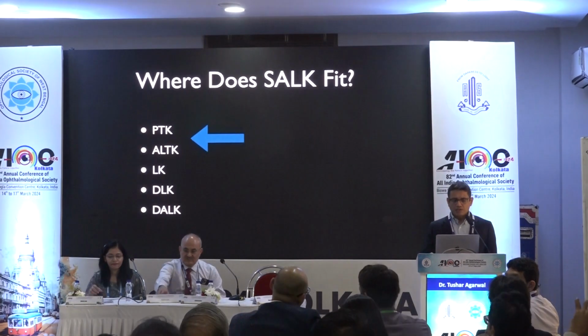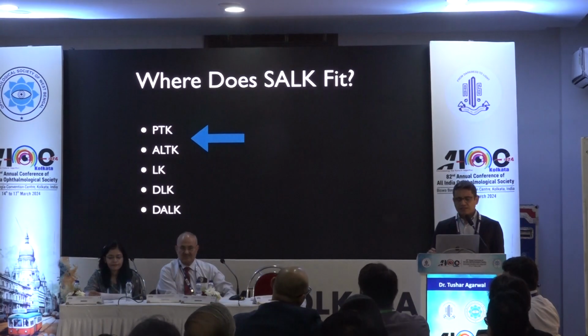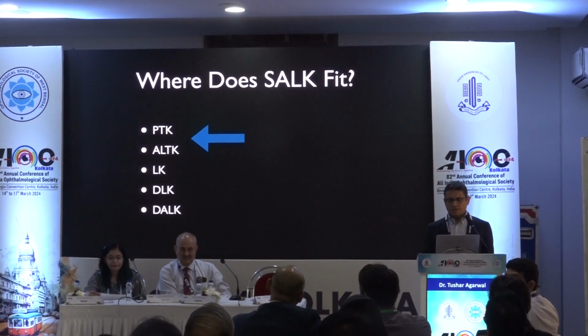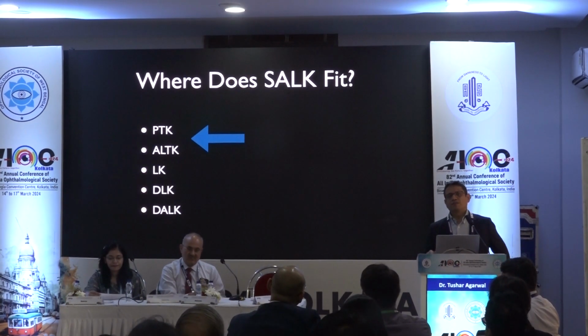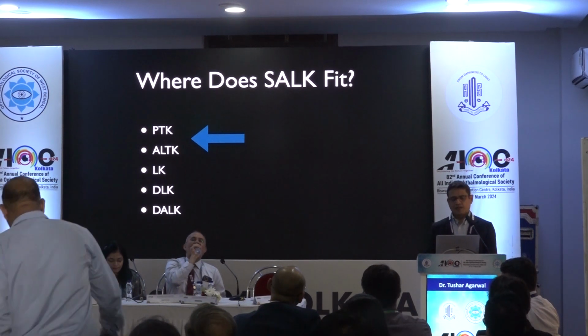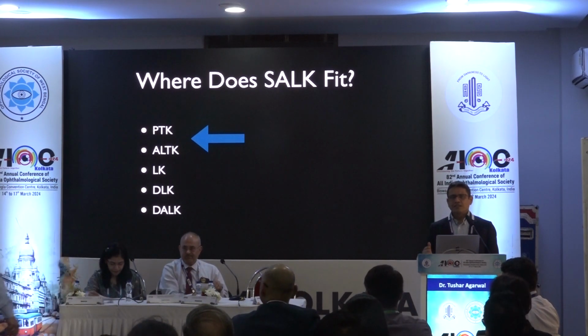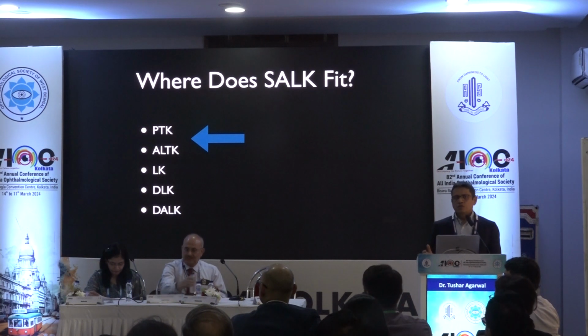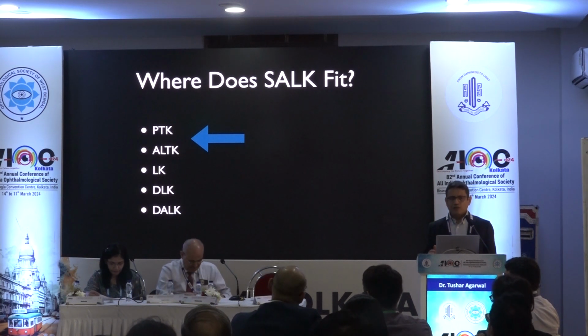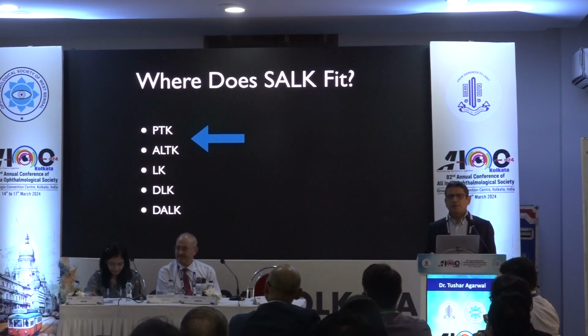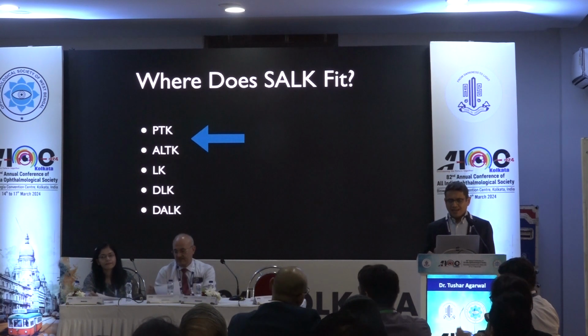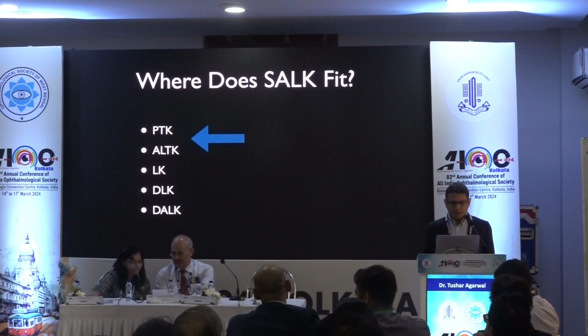Now, it's important to know where this surgery fits into the whole spectrum of lamellar procedures. So if you have a patient of partial corneal opacification, we need to address the depth of the opacity. So very superficial opacities less than about 100 microns would do well with PTK. As you start going deeper and deeper, PTK becomes less of an option because of the high hyperopic shift induced by PTKs.